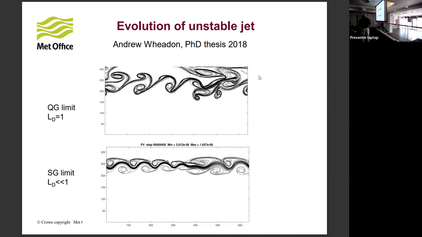These are full shallow water, the system of equations that we saw at the very beginning. I showed you full shallow water. And that is the solution to that equation.